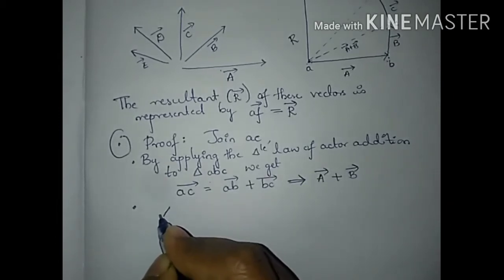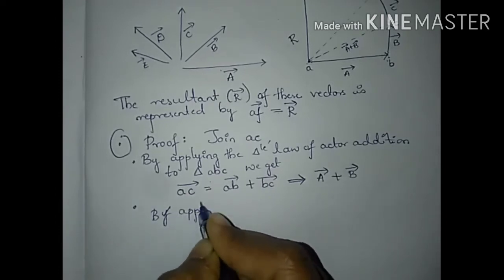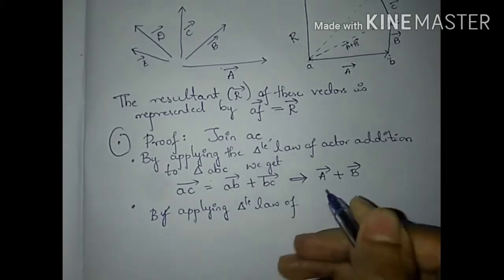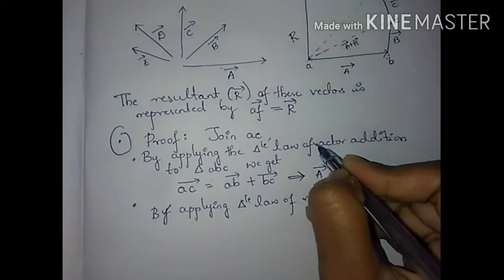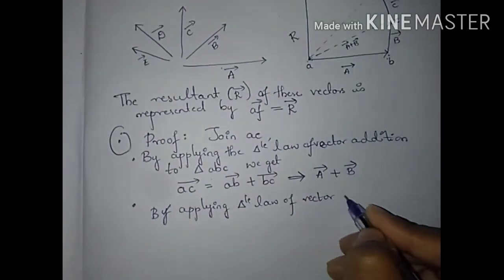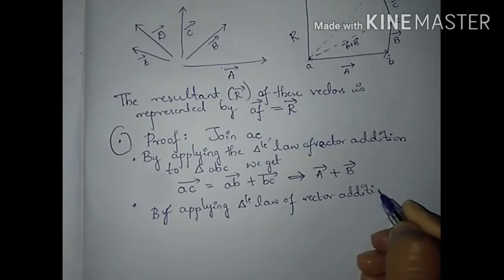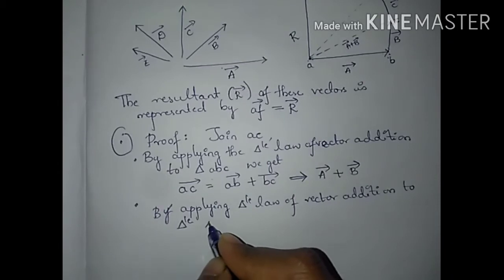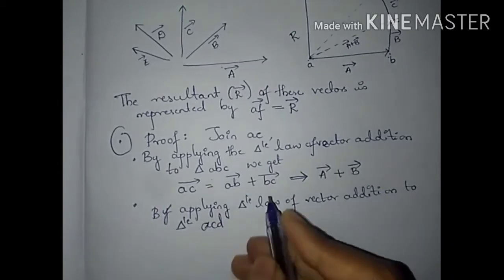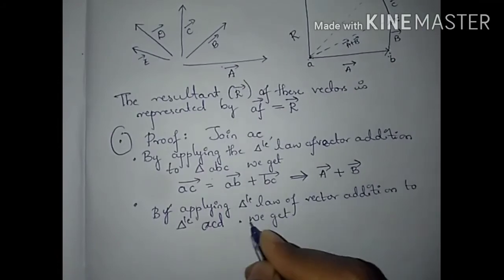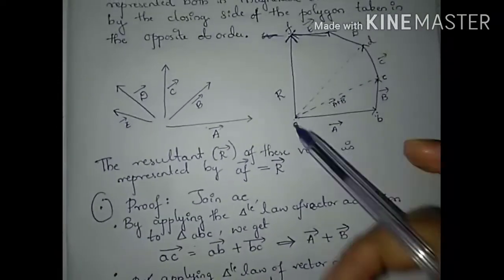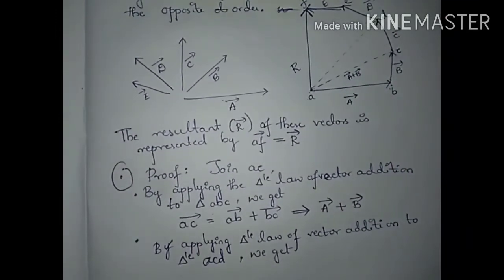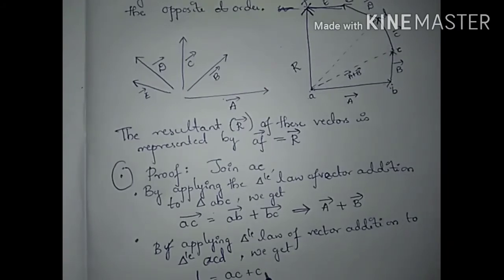By applying the triangle law of vector addition to the triangle ACD, we get AD is equal to AC plus CD.